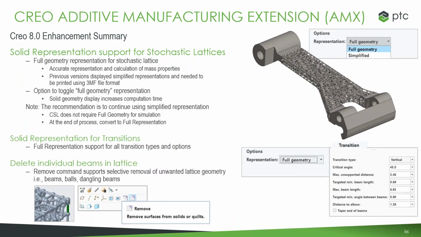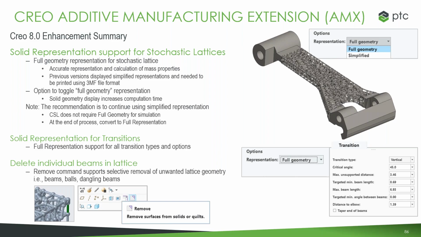Okay, so other parts of the additive manufacturing extension. Stochastic lattices, these lovely, more organic shapes. We can now create a solid representation of those. Previously you could only create a simplified one. That was still supported when we went to printing, and if we went into Creo simulation tools, all that was in there.